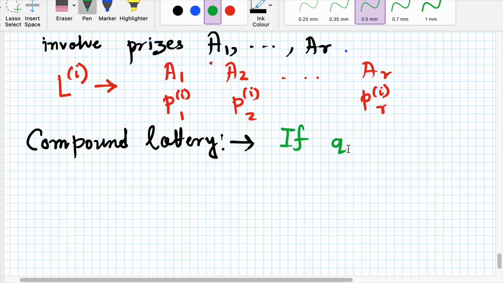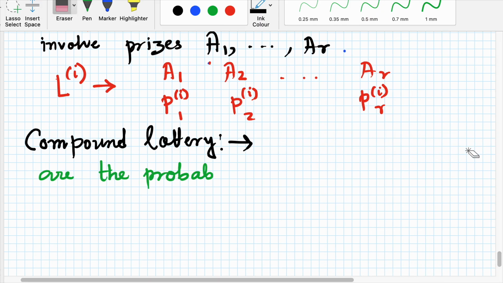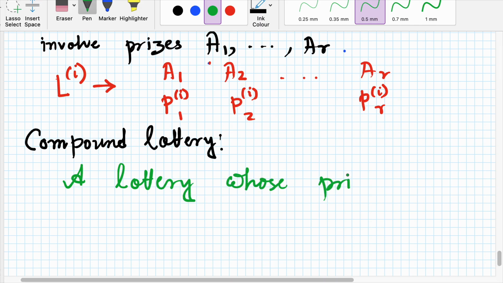If Q1, Q2, Q3, QS are the probabilities, basically a compound lottery means a lottery whose prize is a lottery.